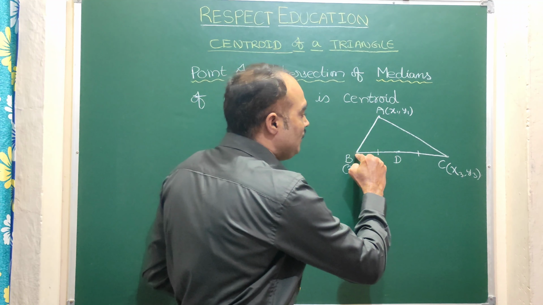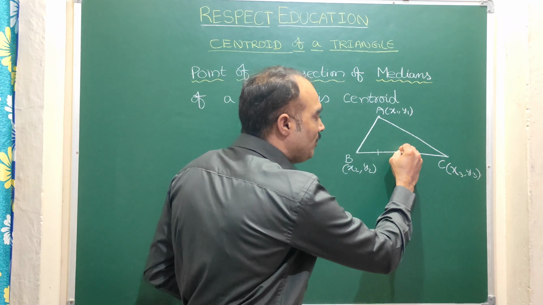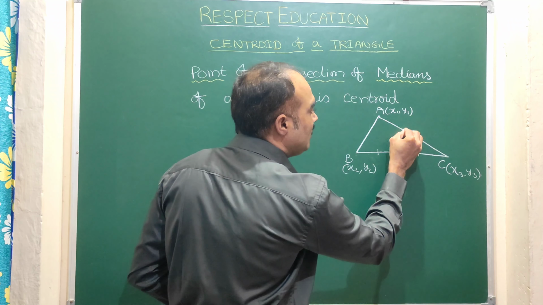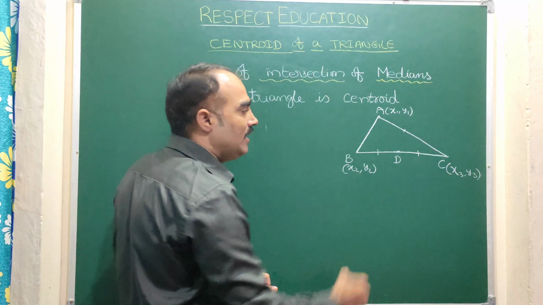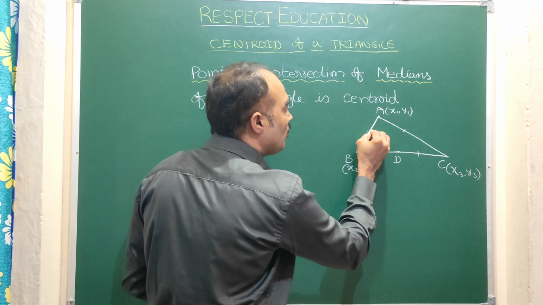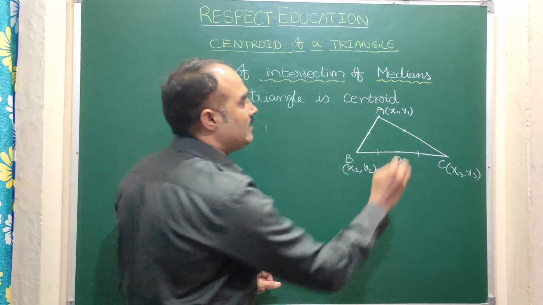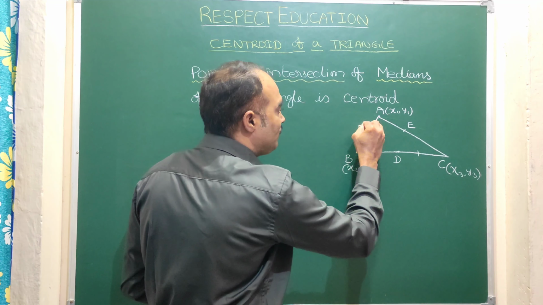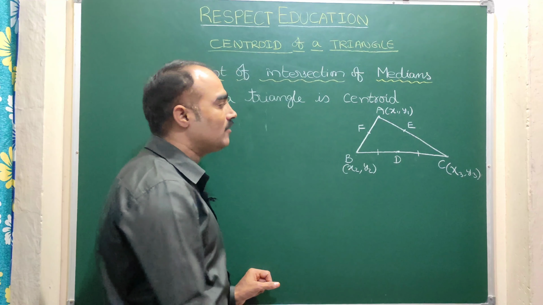Same way here, if we consider one side, we are getting one midpoint, that is D. Same way if we consider another side, then here you will get one more midpoint. If you take AB, here you will get one more midpoint. So let us label this point as E, this point as F. Clear?